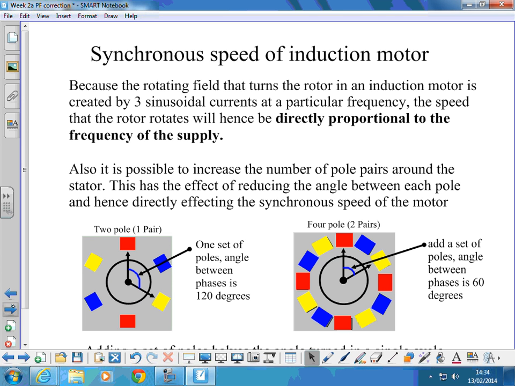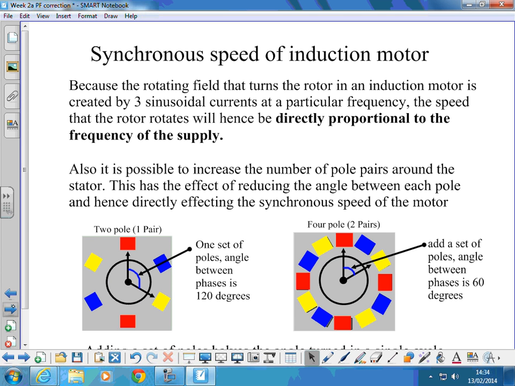So that's how the modern inverter works, by making the supply a variable frequency supply. We change the frequency, we change the speed of the motor. A bit more technical than that, but that's the general theory anyway.